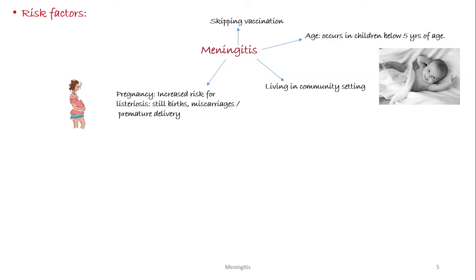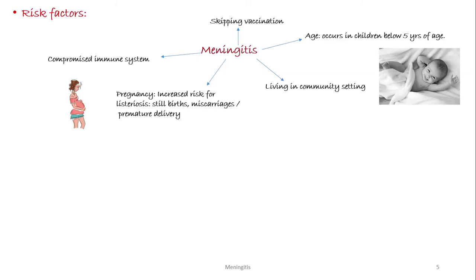If she is suffering from listeriosis, then she might give birth to a stillborn baby, or she might have a miscarriage, or she might deliver the baby prematurely. Now when the baby is prematurely delivered, there is a chance that due to that listeriosis, the baby will suffer from meningitis.